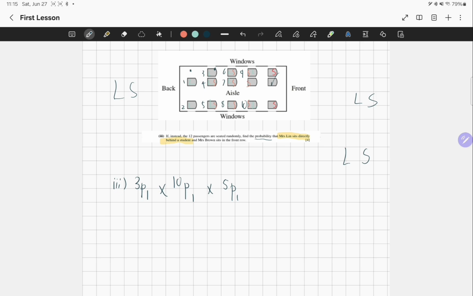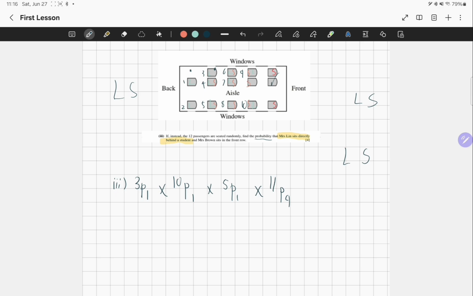And then there are 9 people left, and we used 3 seats already, so there are 11 seats left. So from these 11 seats, we can put the 9 there. Okay.